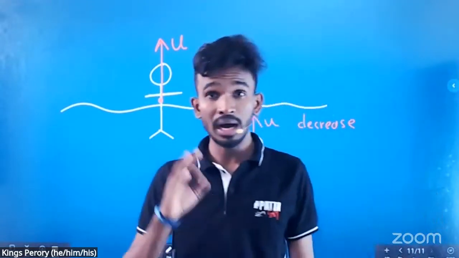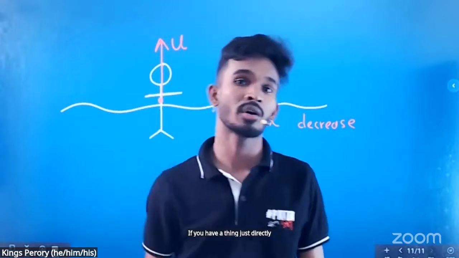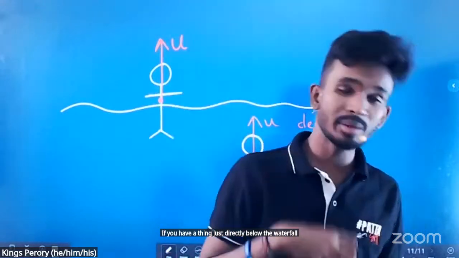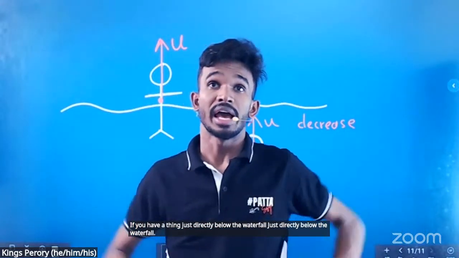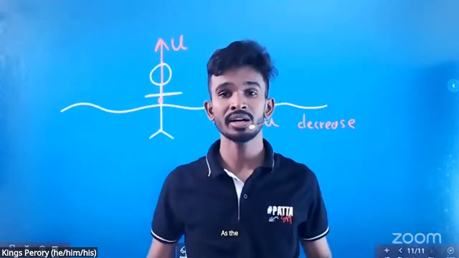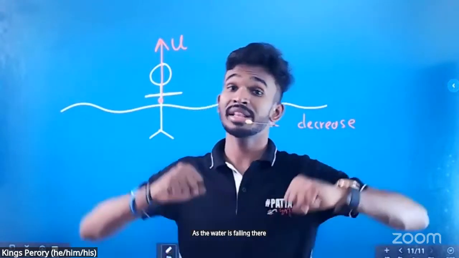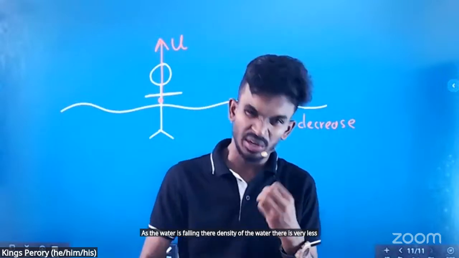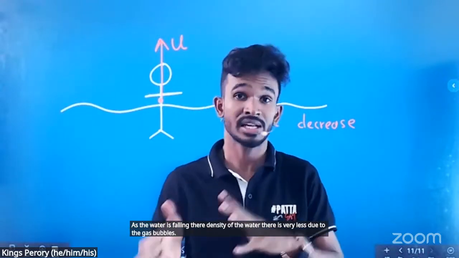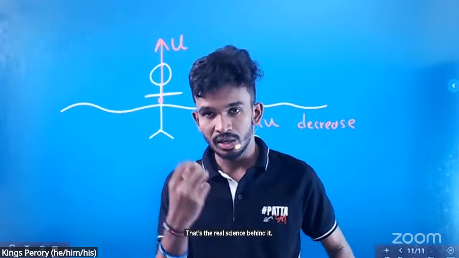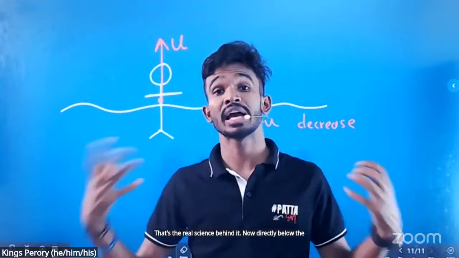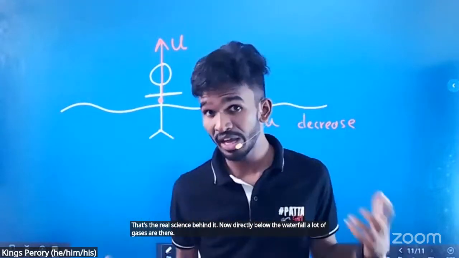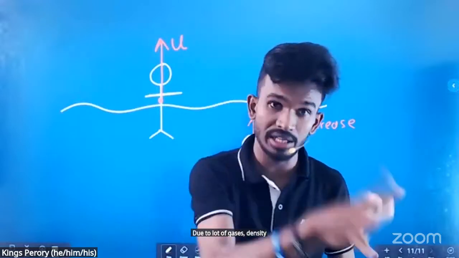Now, if you are bathing just directly below the waterfall, as the water is falling there, the density of the water there is very less due to the gas bubbles. That's the real science behind it. Directly below the waterfall, a lot of gases are there. Due to the gases, the density of water is very less.